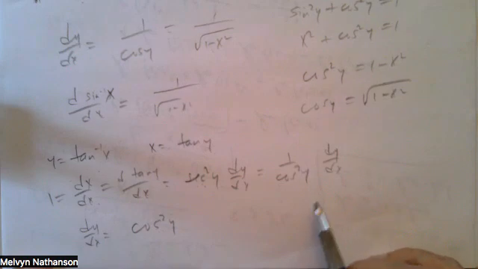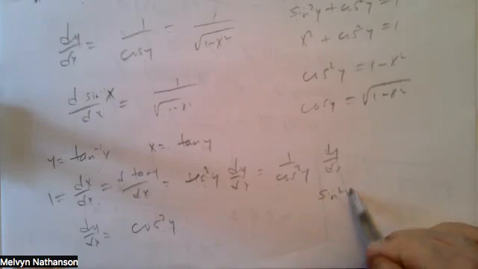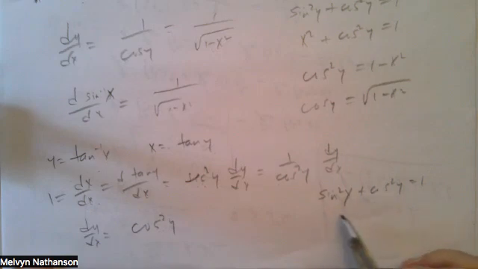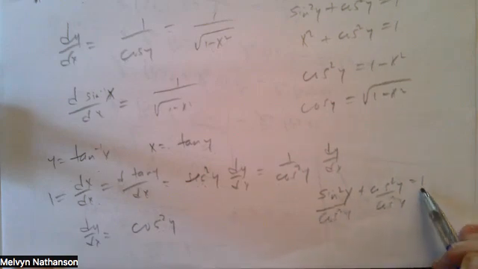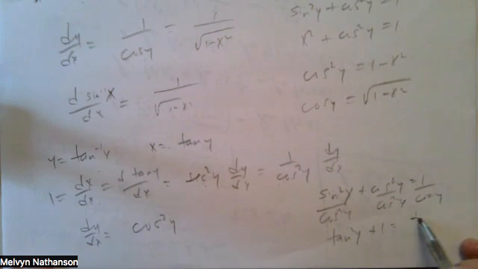So again, we have the trigonometric identity, sine squared y plus cosine squared y equals 1. If you divide by cosine squared y, this is tangent squared y plus 1 is 1 over cosine squared y.